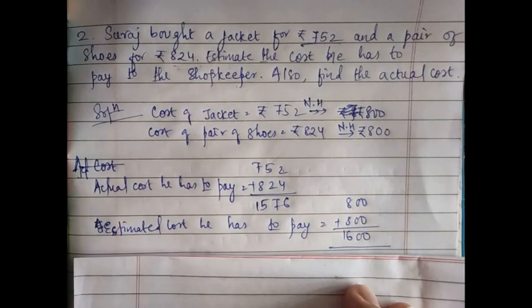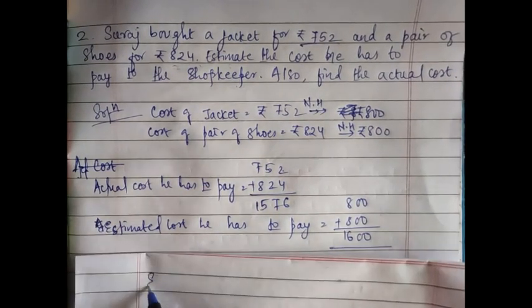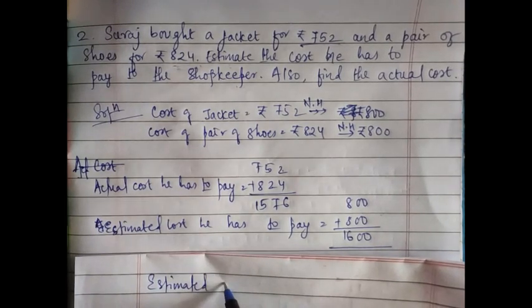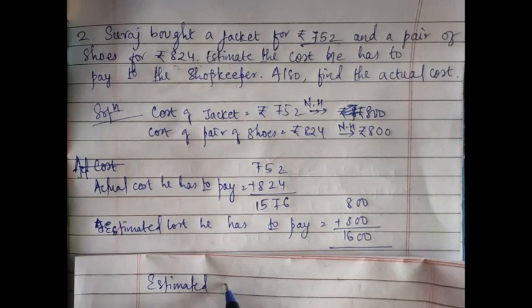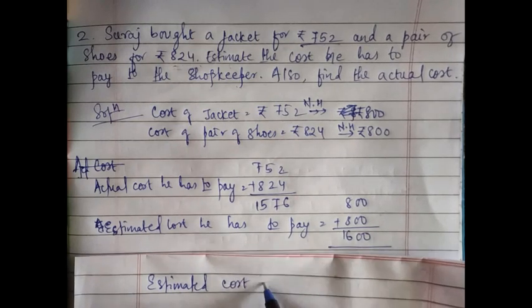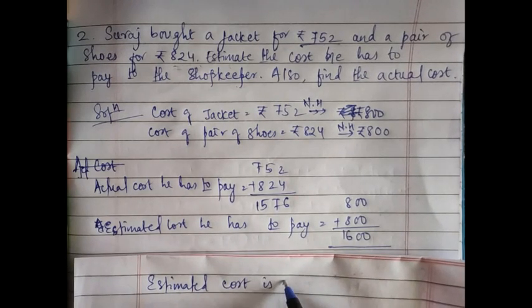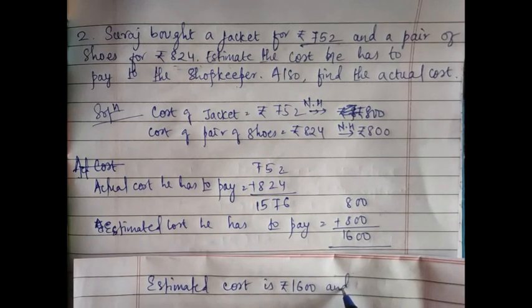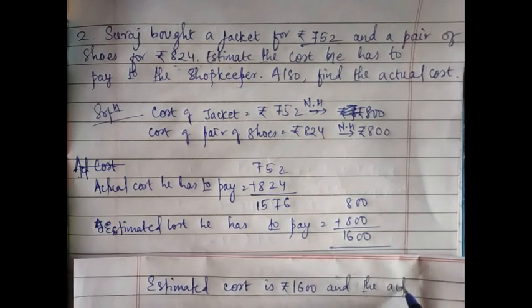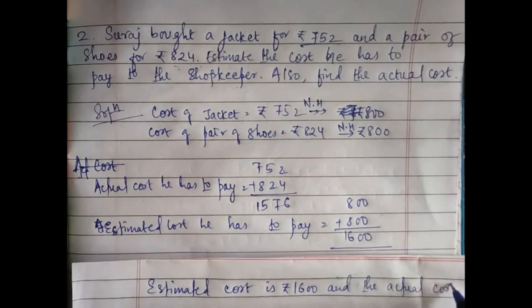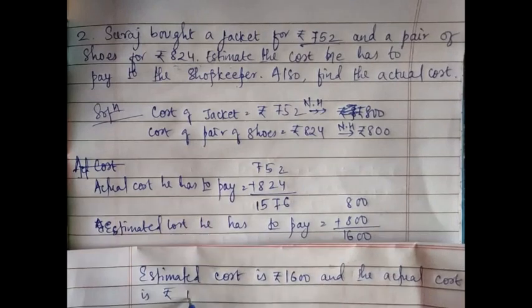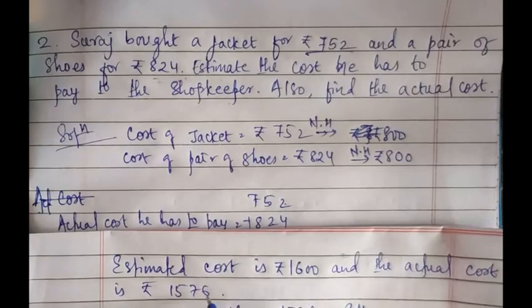So what you are going to write now is estimated cost or sum is rupees 1600 and the actual sum or cost is rupees 1576. So this is the answer.